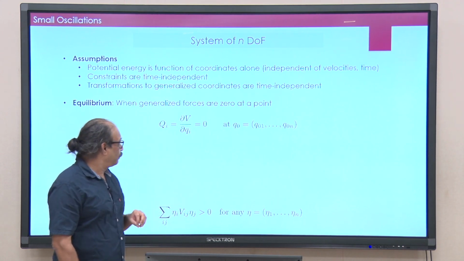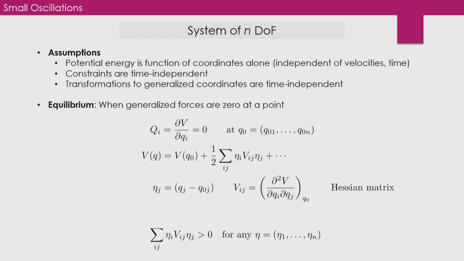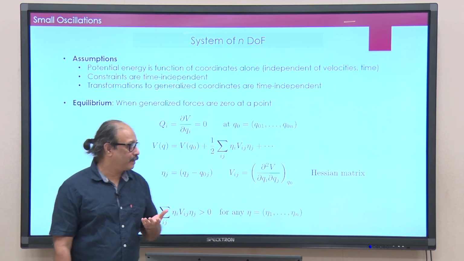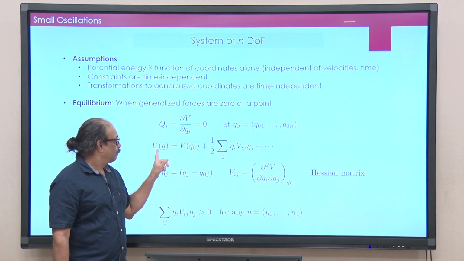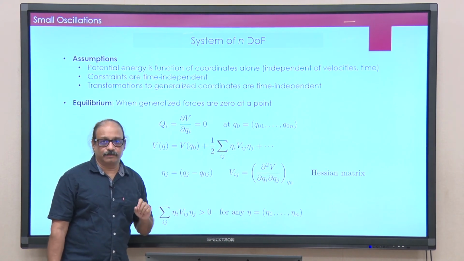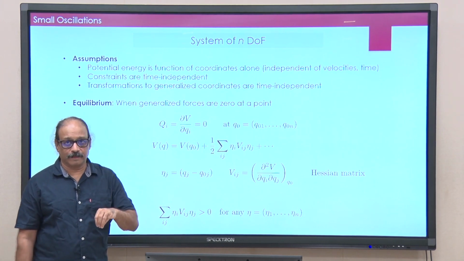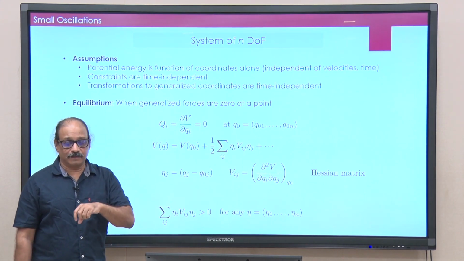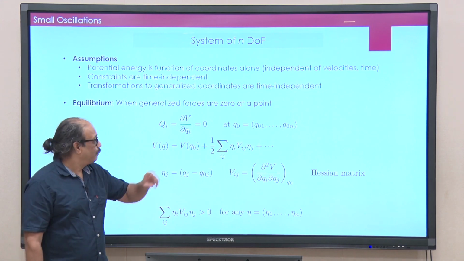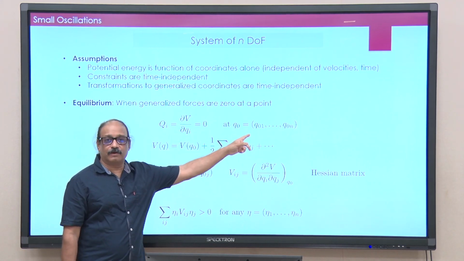But when you have an equilibrium at q0, I can always make a Taylor expansion of the potential about the equilibrium point, and when I make a Taylor expansion, V(q) will be equal to potential at q0 plus the first derivative of potential, but first derivative of potential at q0 are already 0.